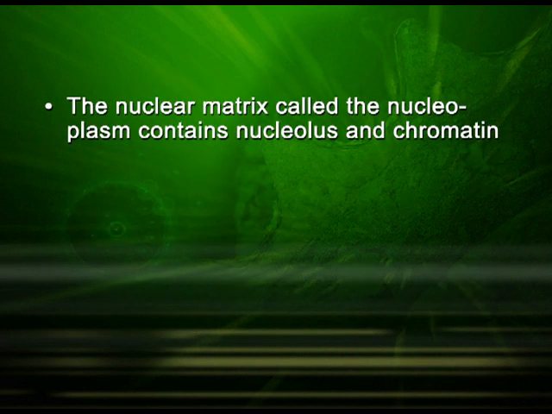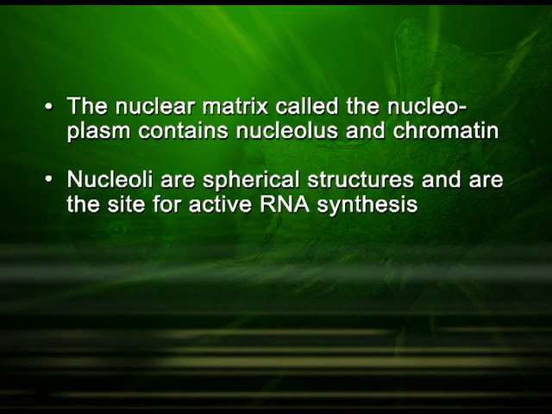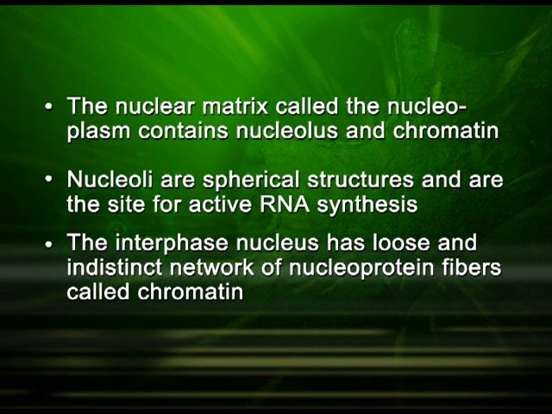The nuclear matrix, called the nucleoplasm, contains nucleolus and chromatin. The nucleoli are spherical structures and are the site for active ribosomal RNA synthesis, also known as rRNA. The interphase nucleus has a loose and indistinct network of nucleoprotein fibers called chromatin.